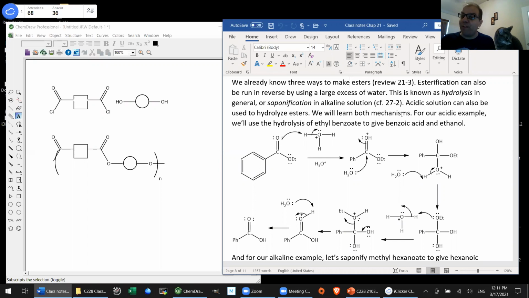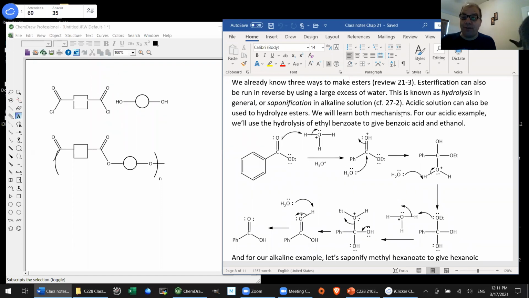The other good way of making phenyl esters is also the other good way of making esters, which is alcoholysis of an acid chloride. Generally, if for some reason you need to make a phenyl ester, that's what you would do. You would take an acid chloride and treat it with phenol, because phenol is much too acidic to work in a standard Fischer esterification type scenario. But those are the 3 ways we have of making esters.